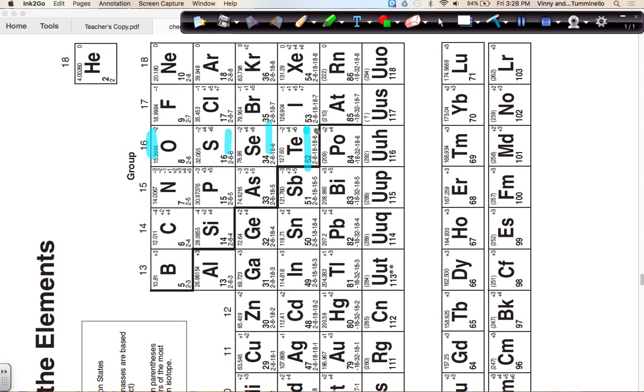So Te with a -2 will have the same electron configuration as xenon, but with 52 protons. Oxygen with a -2 will have 8 protons, but will have the same electron configuration as neon. So the O-2 will be the smallest because it has 2 shells. The Te-2 will be the largest because it has 5 shells.